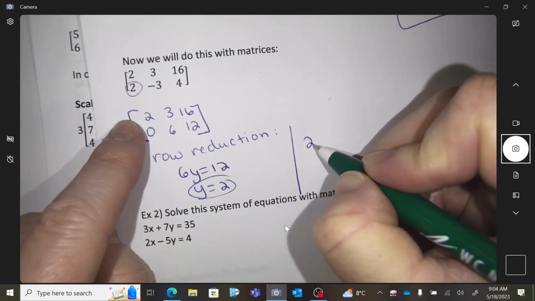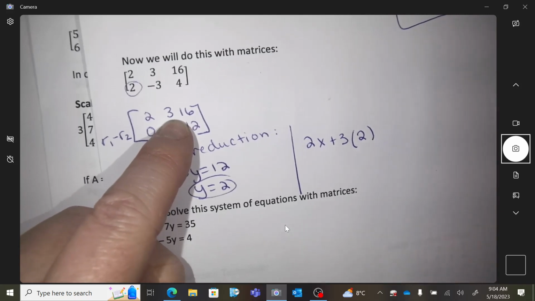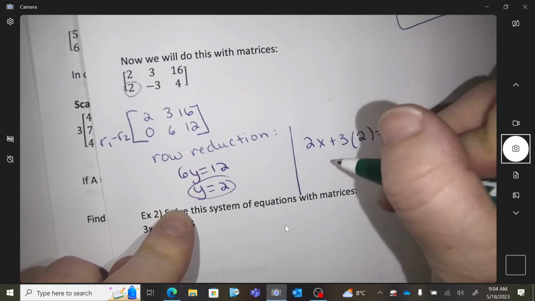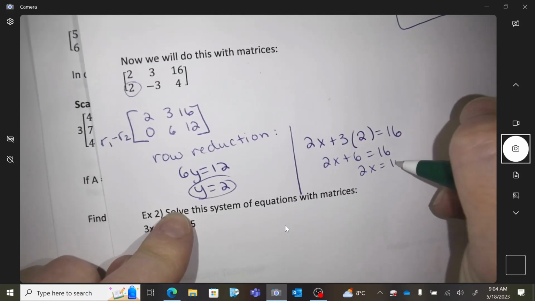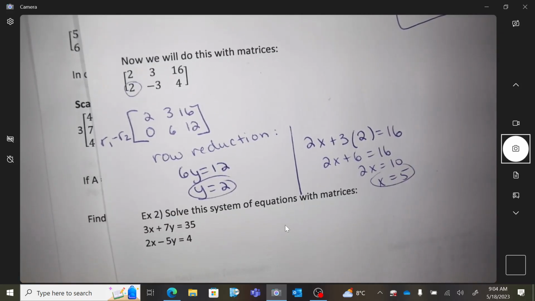So I'm going to go 2x plus 3y, replaced with a 2, equals 16. You can see that we get the same answer. Okay, so that's called row reduction.